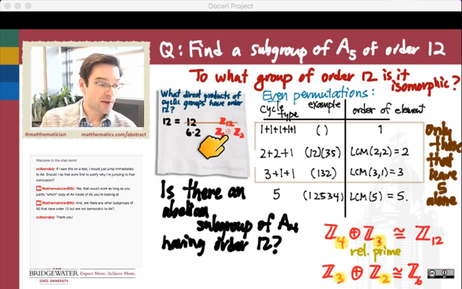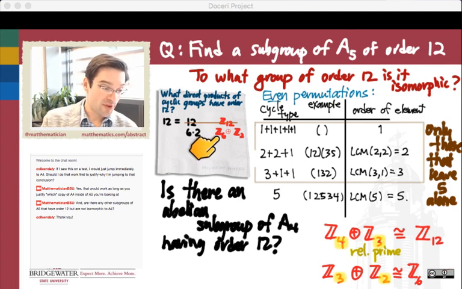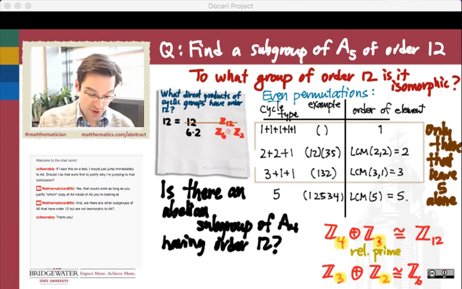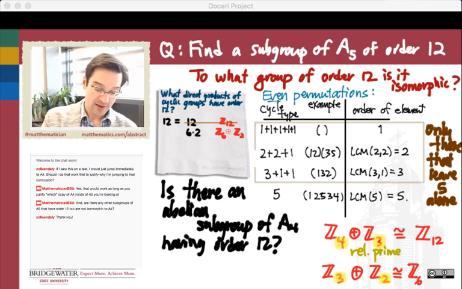What about Z6 direct product Z2? Well, this Z6 factor is going to imply the existence of an element of order 6. Because in the group Z6 direct product Z2, a generator of Z6, comma, really anything in Z2, is going to give me an element in that group of order 6. But there are no elements of order 6 in A5.